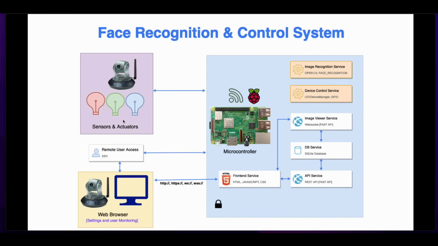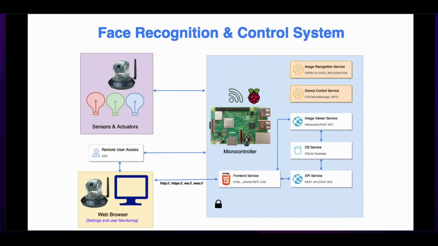To get those settings into the Raspberry Pi, instead of coding them and having default settings in the Raspberry Pi, we would be accessing our front-end service, which is essentially just a web server for static HTML files, right? So we'll be able to access a web page, and from that web page, we would be able to set the settings, and we would also be able to see the image that the Raspberry Pi is looking at.